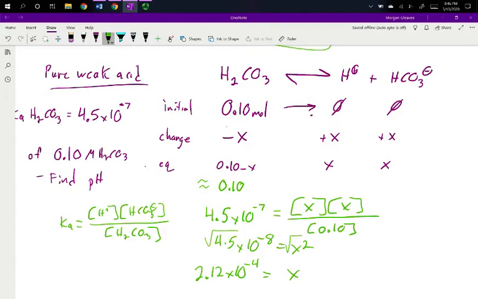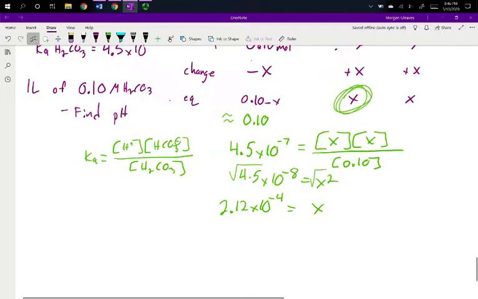So we have x. We said x was the amount of H plus, and we're in 1 liter. So it's that amount divided by 1 for molarity, which means my concentration of H plus is equal to 2.12 times 10 to the minus 4 molar.